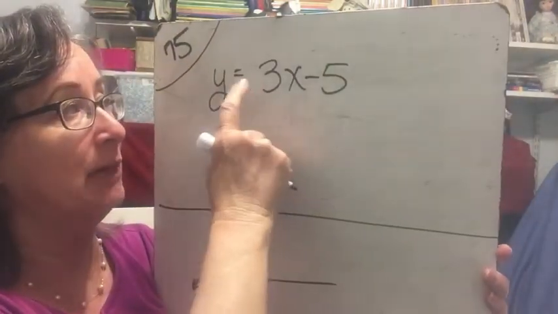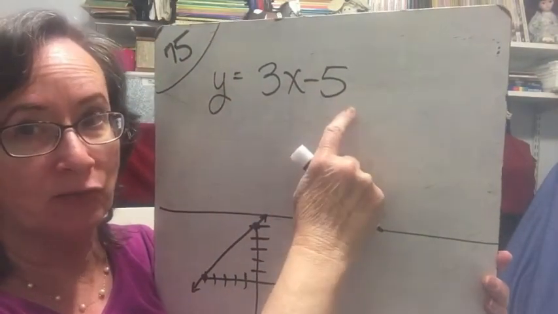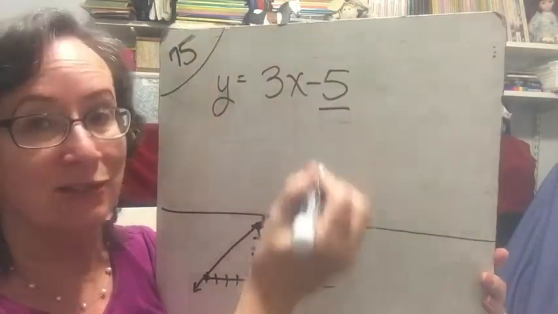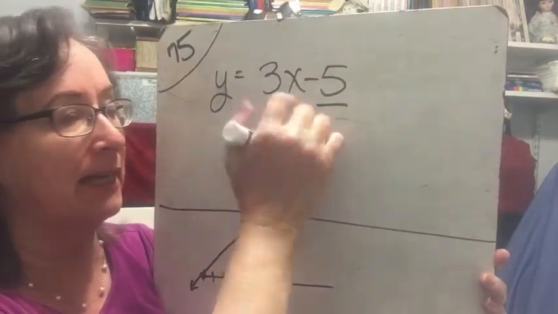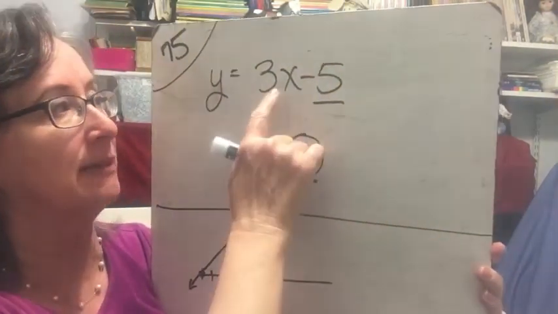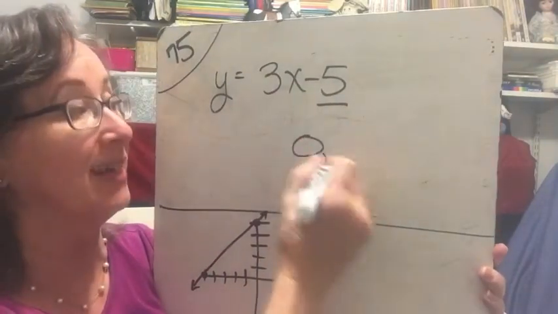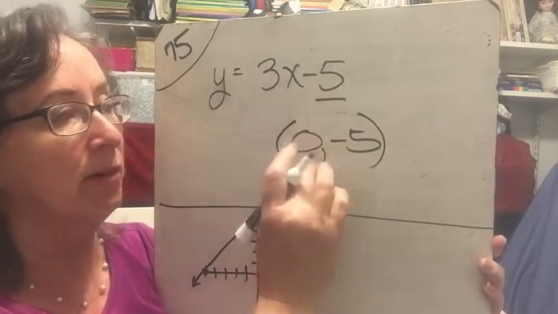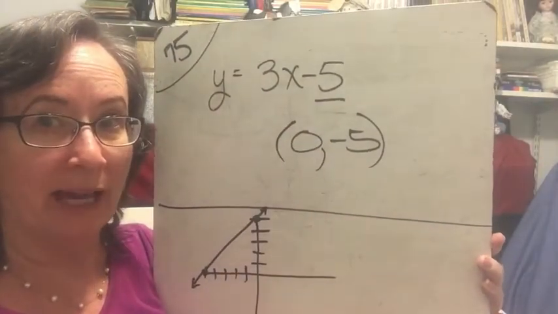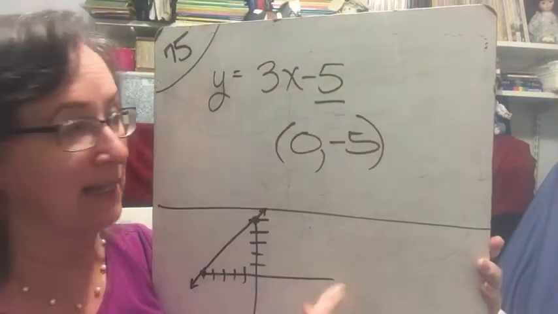Well, y = mx - 5 means that -5 is the y-intercept. In fact, if I plug in a 0 for x, then I'd get 0 minus 5, which is -5, and that would be the y value. (0, -5) is the y-intercept of this line.